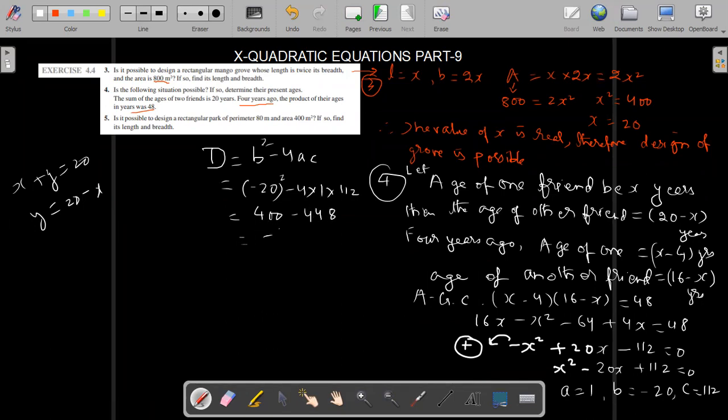So we get minus 48, which is less than 0. Therefore, the given quadratic equation has no real root.